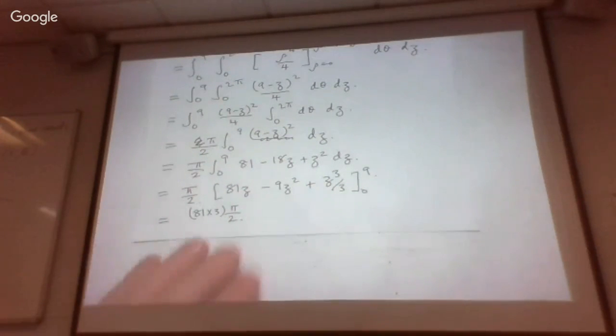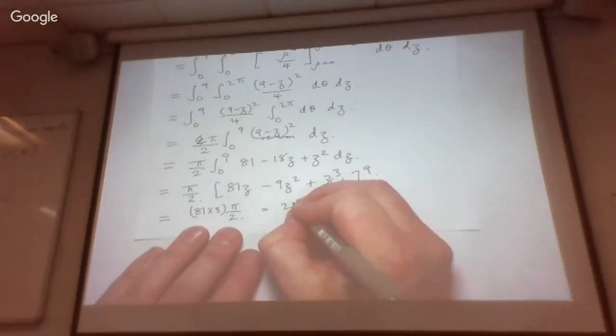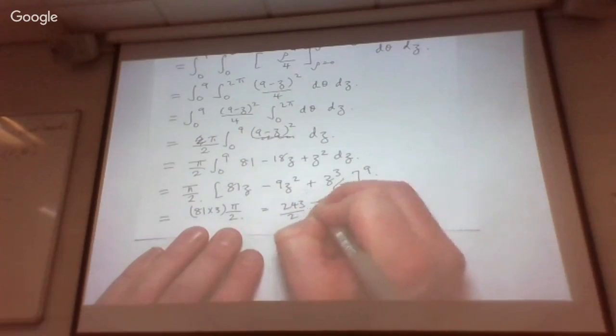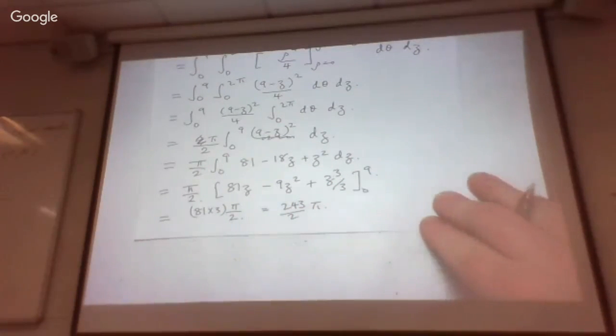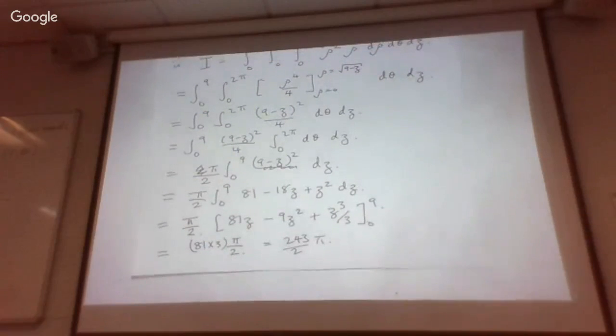Just whatever it is, 243. Yeah, 243 over 2 pi. Okay. So that's a good example of applying this translating integrals idea to 3 dimensions.